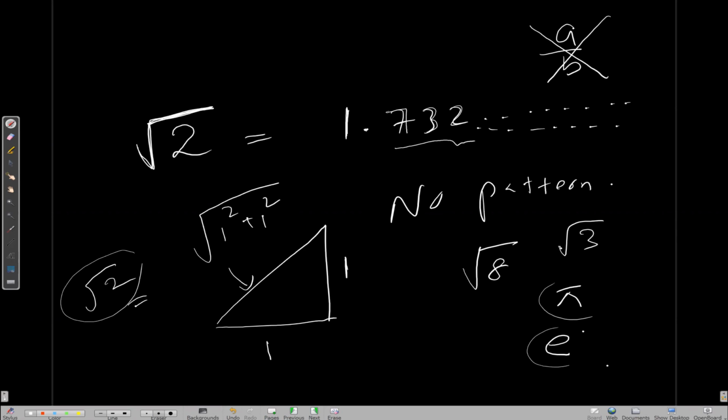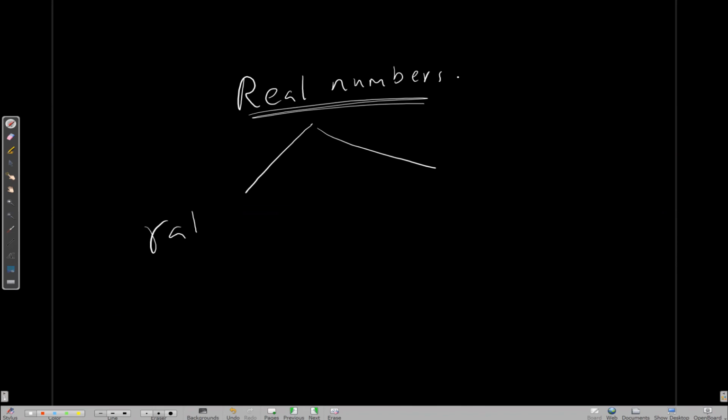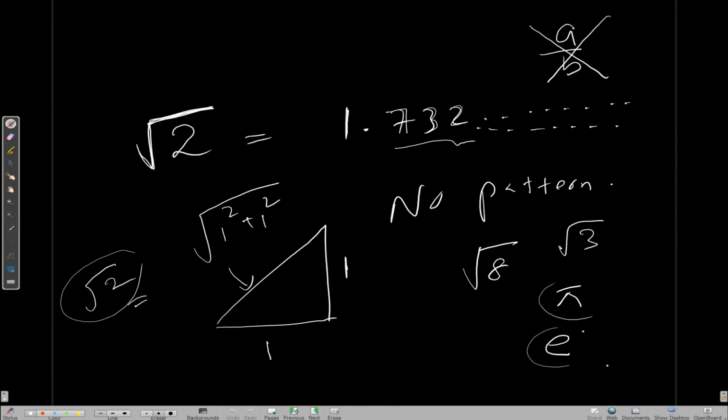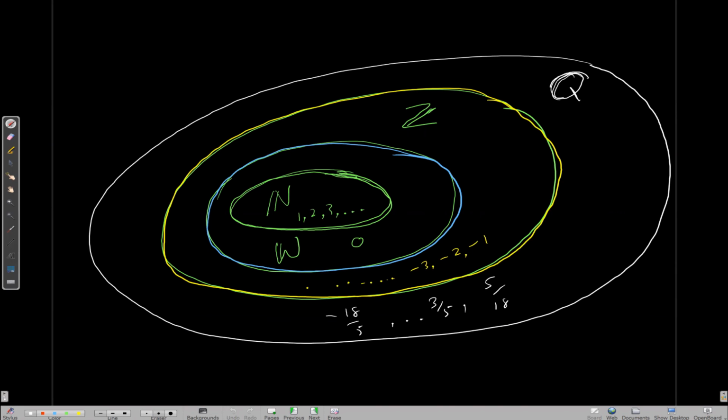Now the last thing that we are going to talk about here, so we started with real numbers, remember? Any real number is going to be either rational or irrational. Now do you understand what I'm doing here? Because see, here, these are rational numbers.